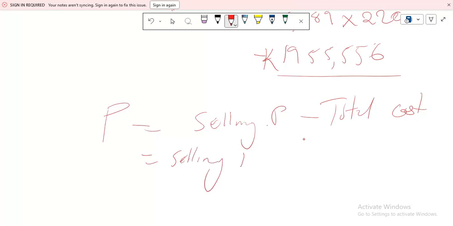We are breaking them down because we want to determine the formula. It is minus fixed cost plus variable cost, which I'm going to denote by VC.